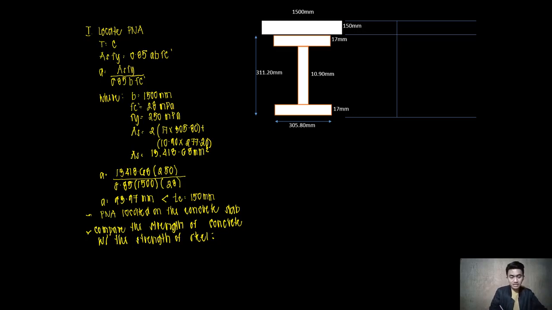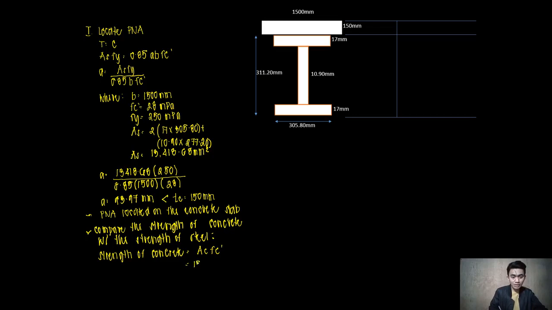Strength of concrete is denoted by the equation: strength of concrete is equal to the area of the concrete times the 28-day compressive strength of your concrete. But this time, instead of utilizing the provision from your NSCP 2001, area of concrete here simply means the base times the thickness, or the width times the thickness of the concrete slab.